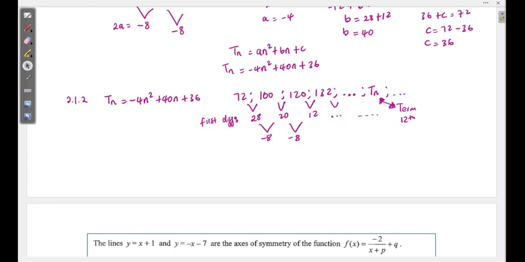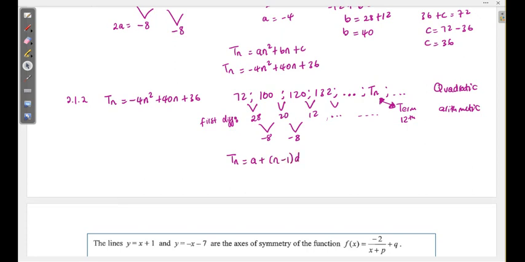The first differences always make an arithmetic sequence. Remember, the main number pattern or the main sequence is quadratic. The first differences actually make an arithmetic sequence all the time. So since they make an arithmetic sequence, we can use Tn is equal to a plus (n minus 1)d.